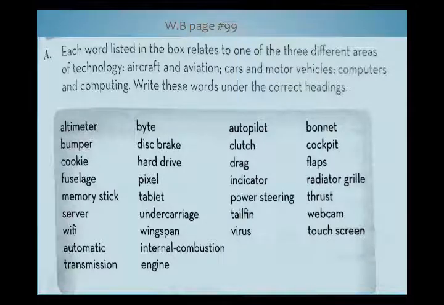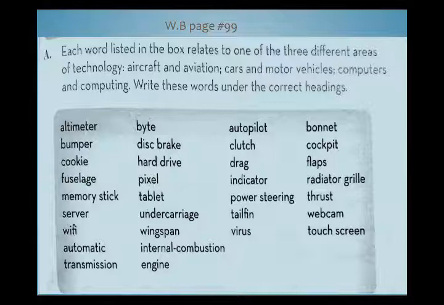Now we have come to exercise A on workbook page number 99. Please, students, you have to take the screenshots as well. The question is: each word listed in the box relates to one of three different areas of technology: aircraft and aviation, cars and motor wheels, computer and computing.